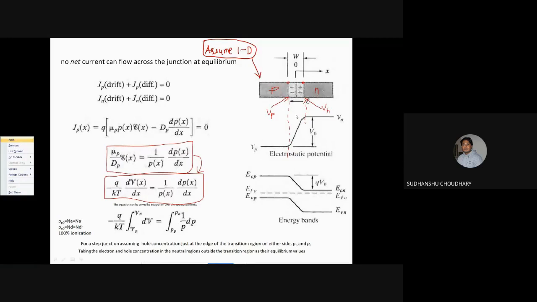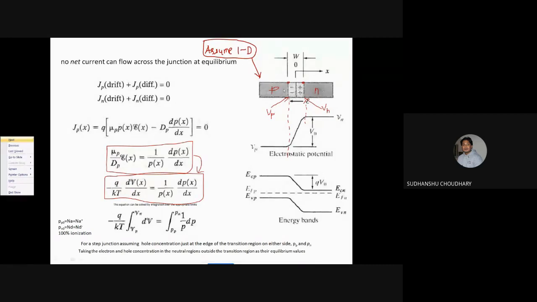Similarly, one can find out the limits for the hole concentration. Since we are again interested in finding out the hole concentration in this transition region, we'll set the limit from this edge, towards the P side, to this edge of the transition region towards the N side. Within this region, we'll find out the change in hole concentration with x.